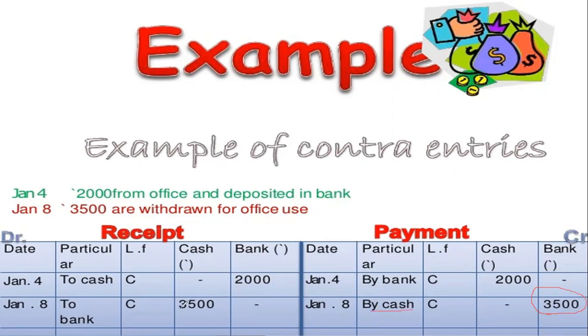And cash increases, so cash comes in, that is on the debit side. And from where does the cash come? Cash comes through bank. The date remains the same for one transaction. Two effects are happening. This is called contra entry.